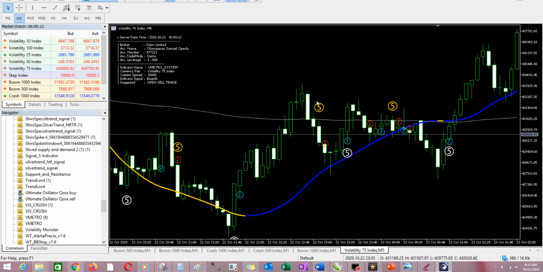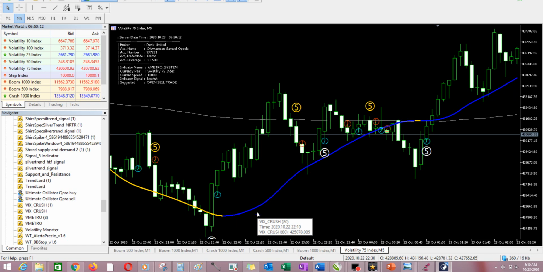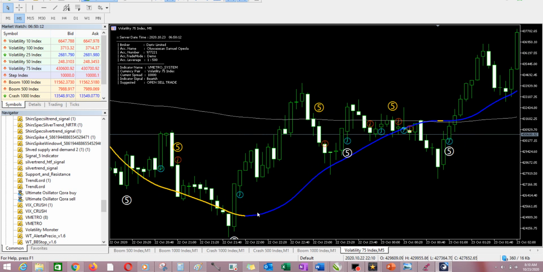We consider the signal, which is the signal 5. Then we also consider the lines, that is the yellow and blue lines, so that we will be able to trade the market successfully. So the first step you should look out for is the signal 5. Once it tells you to buy, then you should know that you are ready to buy.